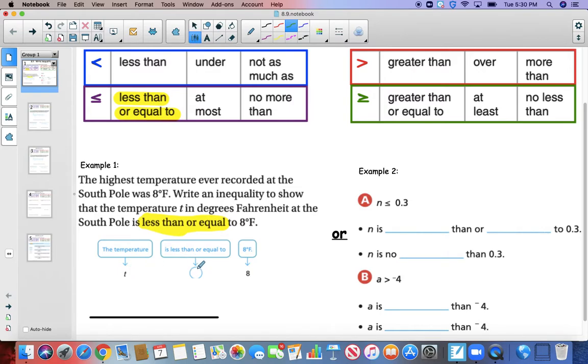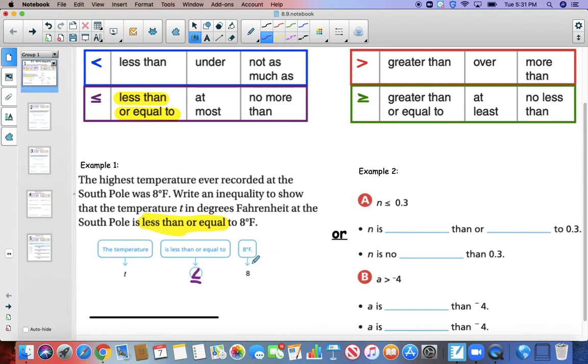When you go to draw this, you have to make sure the alligator is facing away from the T, because temperature T is less than. So it does matter which direction. You can pick the right symbol, but it matters what side you put the T on and what side you put that 8 on, because it's less than or equal to 8.